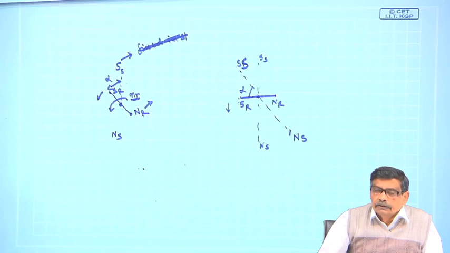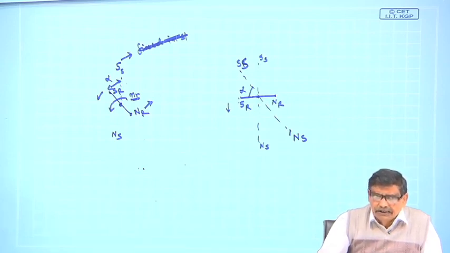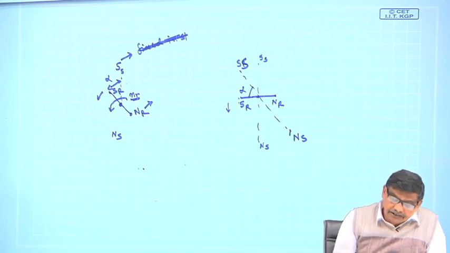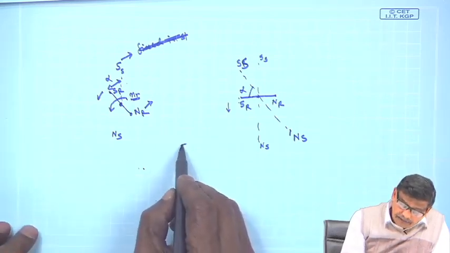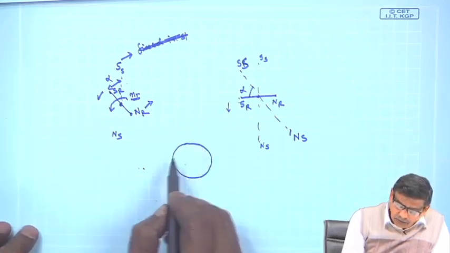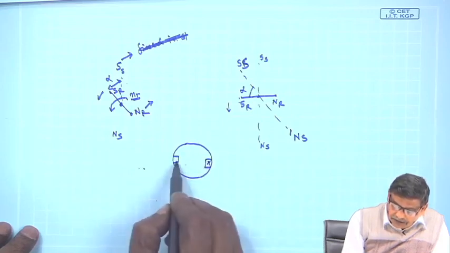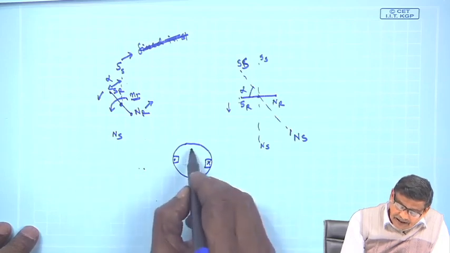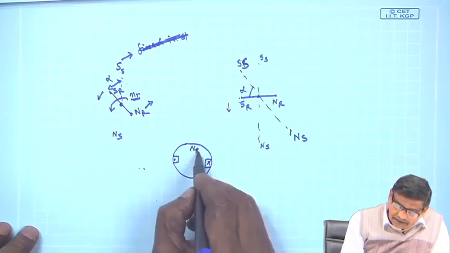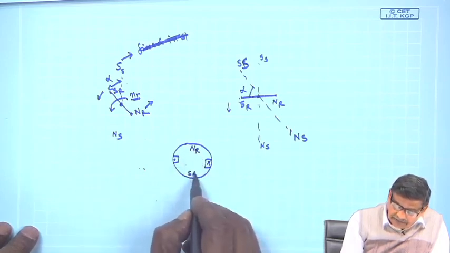At this point, one important thing should be understood, which we are often forgetting. For example, suppose you have rotor coils, cross and dot current, and this will become Nr and Sr, is it not?